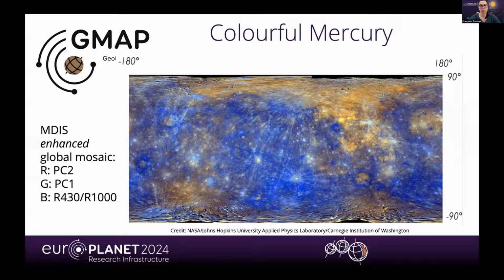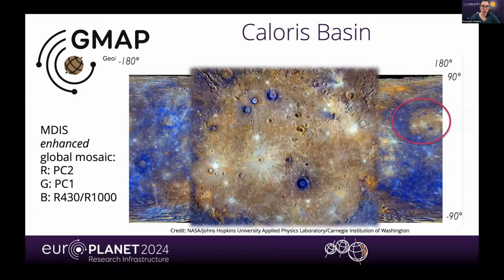So you see, just looking at this simple RGB combination, how much information you can have from the spectral point of view, and so you can identify different terrains which have different spectral behavior from each other.